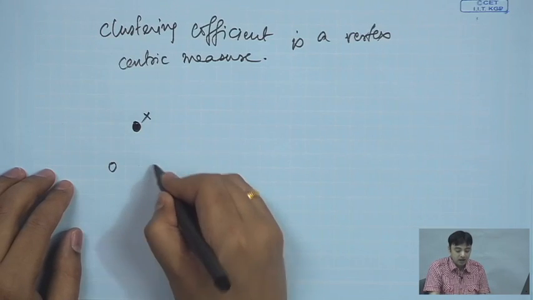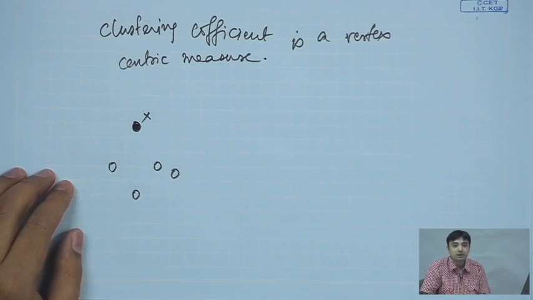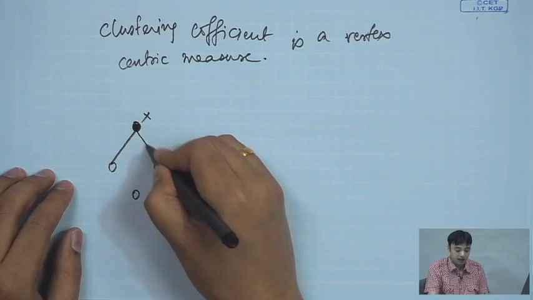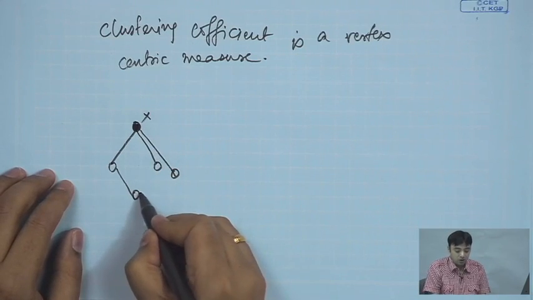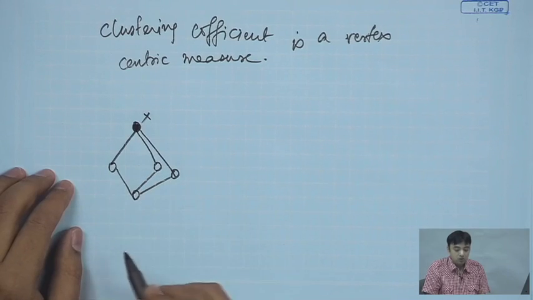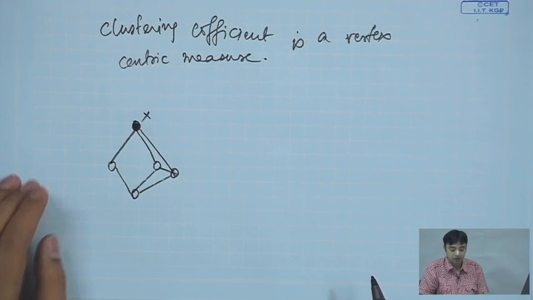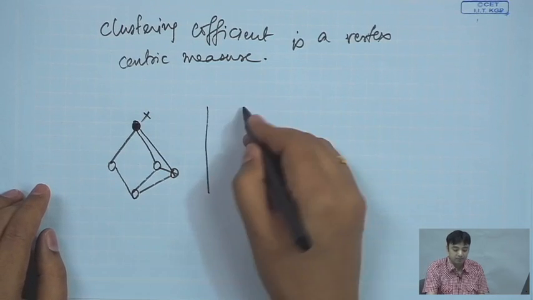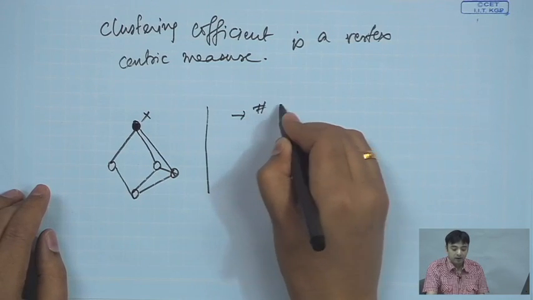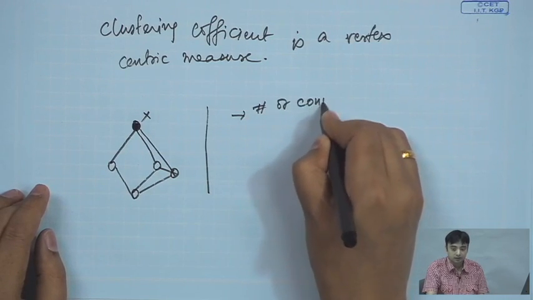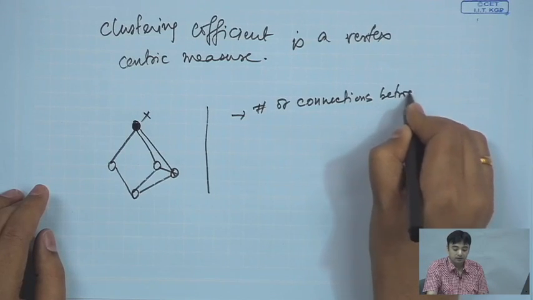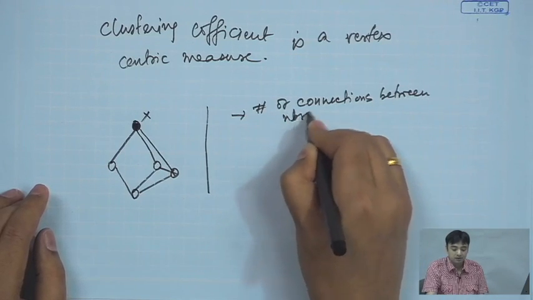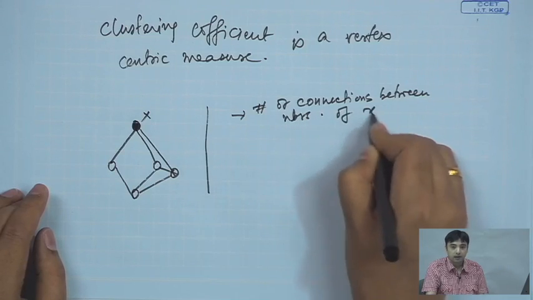You look into the neighbors of x. Say x has 1, 2, 3 and 4 neighbors. You look into the total number of connections between the neighbors of x.